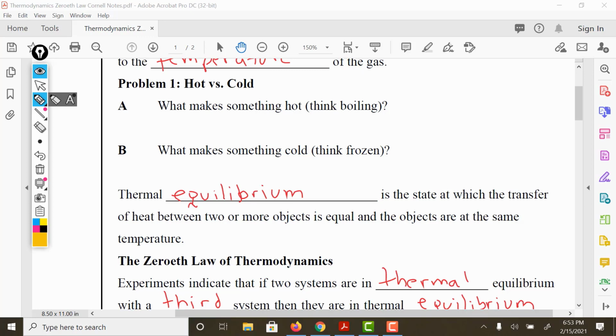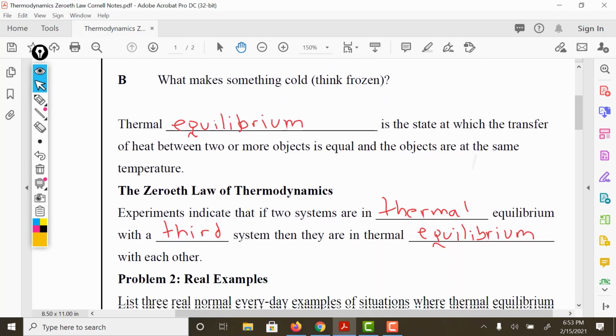So if we were able to slow down the molecules, if we were able to decrease the kinetic energy by decreasing the velocity, then this is what we consider something being cold or making something cold. So, you could have boiling water, but if you put it in the freezer, for example, those molecules are no longer moving as fast as they used to.